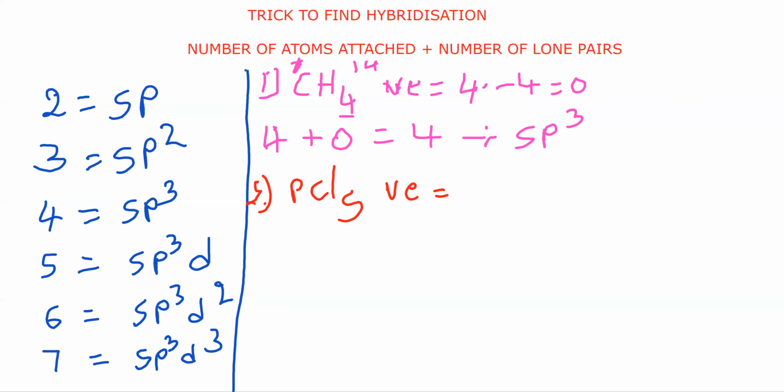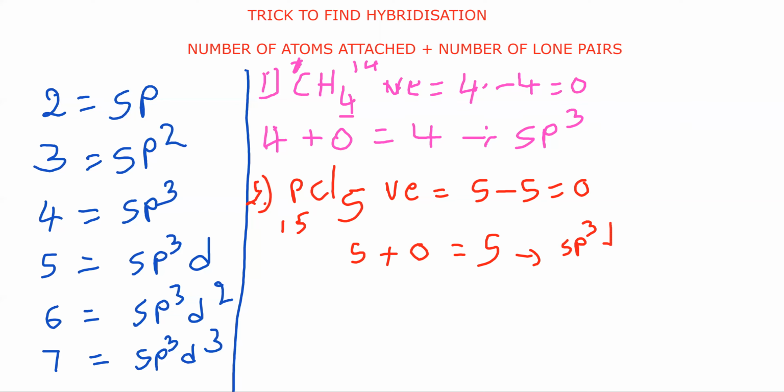The central atom is phosphorus, which belongs to group number 15, so 5 valence electrons, and it has been attached to 5 chlorine atoms. So all 5 valence electrons are utilized, so valence electrons left are 0, meaning no lone pairs. Number of atoms attached is 5, plus 0 is 5. Whenever it is 5, the hybridization is sp3d.